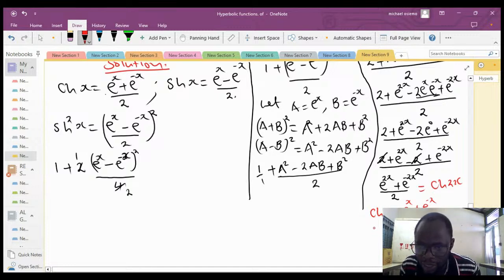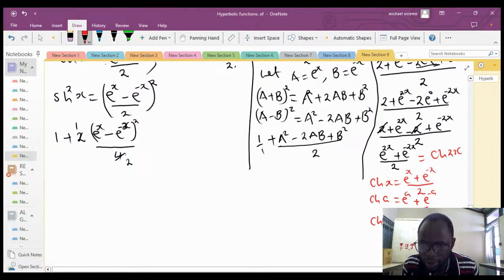Therefore, if I want CH of a, then it will be equal to exponential a plus exponential negative a over 2. So this means that if I want CH of 2x, wherever I have a, I put my 2x. So I'm going to have exponential raised power 2x, then plus exponential raised power negative 2x, over 2. So that's why you can say this one here is correct.